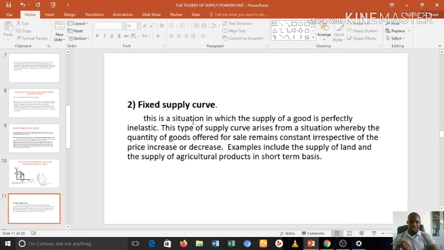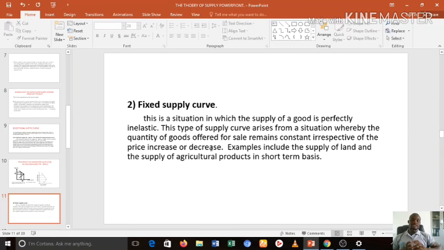This is a situation in which the supply of a good is perfectly inelastic. When the supply for a good is perfectly inelastic, this type of supply curve arises from a situation whereby the quantity of goods offered for sale remains constant irrespective of the price increase or decrease.